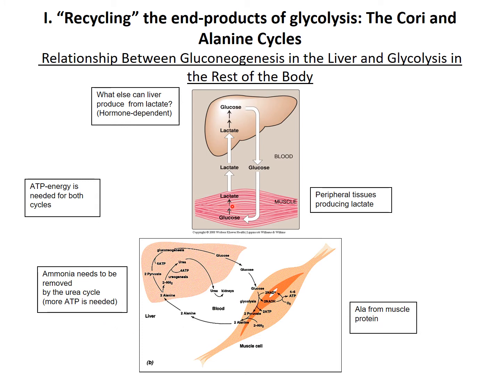Lactate can come from any lactate-producing cells. When amino acids are used, ammonia needs to be removed, and ATP is needed for both. Gluconeogenesis, to create something, to synthesize something, we require ATP, and we go there shortly.